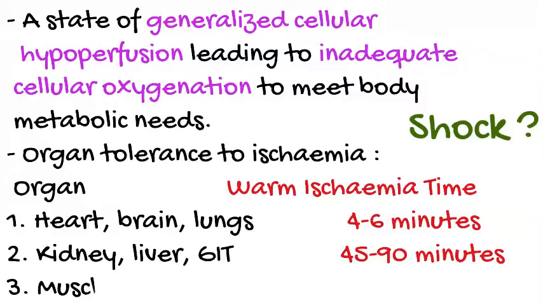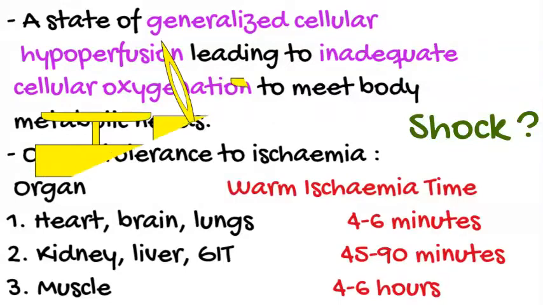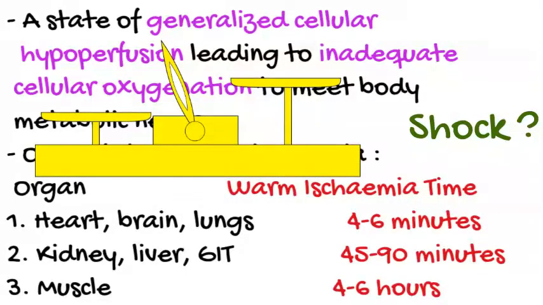For the kidneys, liver and GIT, gastrointestinal tract, it is 45 to 90 minutes. For the muscle, bone and skin, it is around 4 to 6 hours.